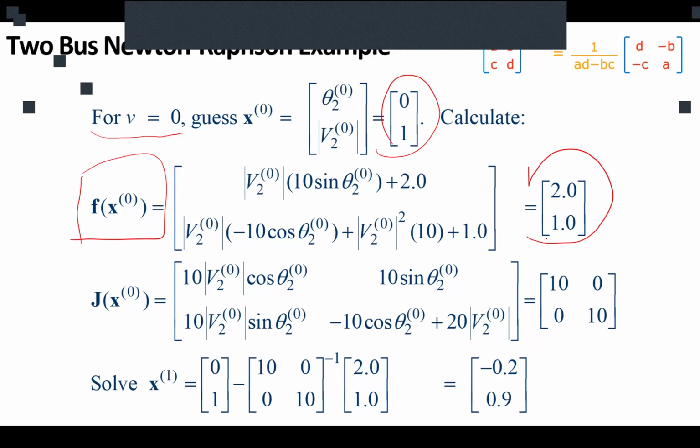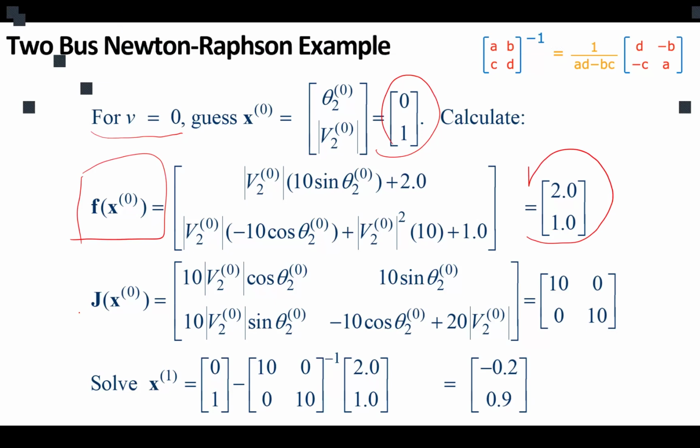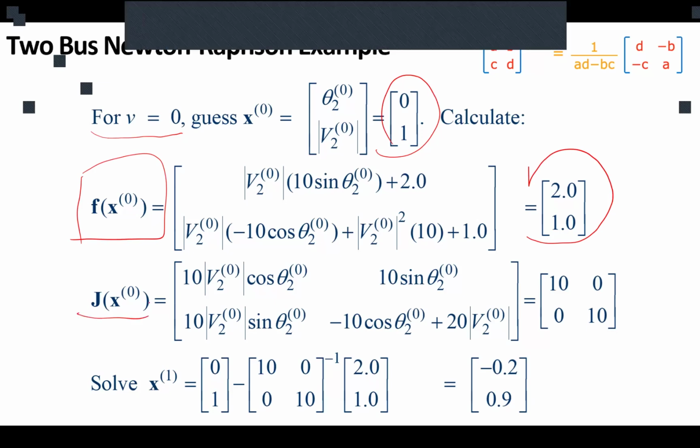Are we good? Now, let's calculate the Jacobian for the guess that we have, and based on the Newton-Raphson formula, find the second, more reasonable guess.